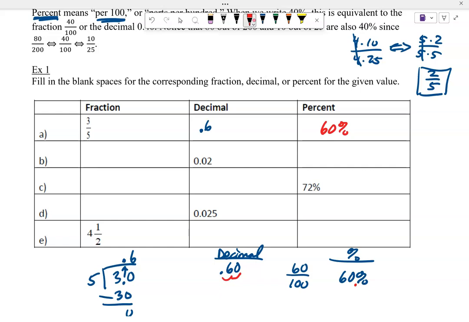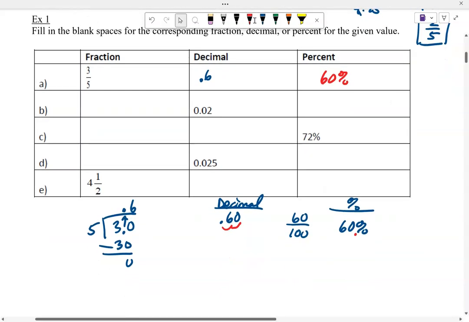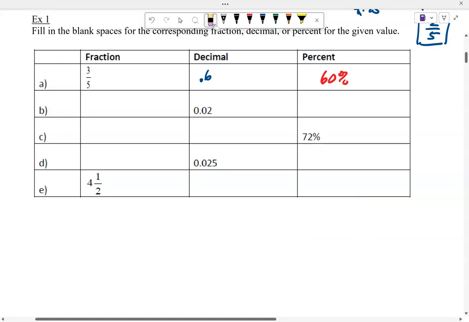0.02. Now they give us the decimal form on this next one, 0.02. So that's the same as 2/100ths, right? But we can simplify that. 2 is 2 times 1, 100 is 2 times 50.